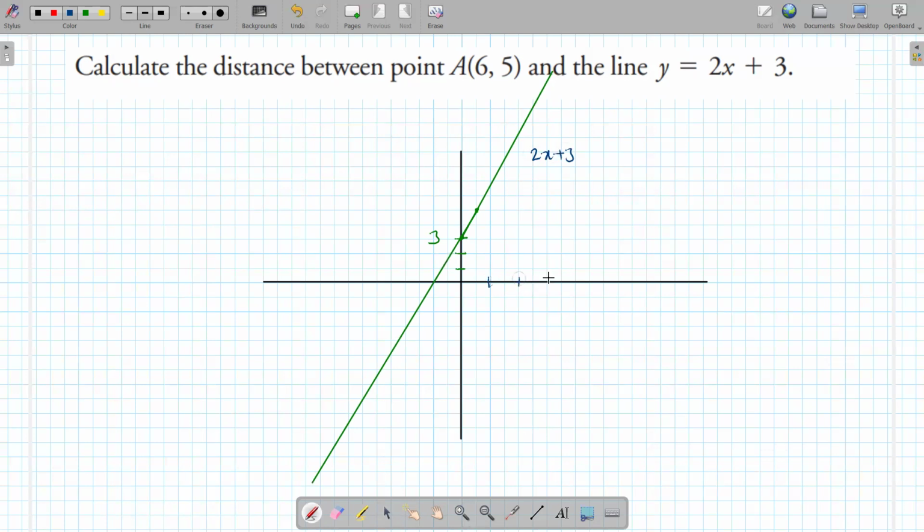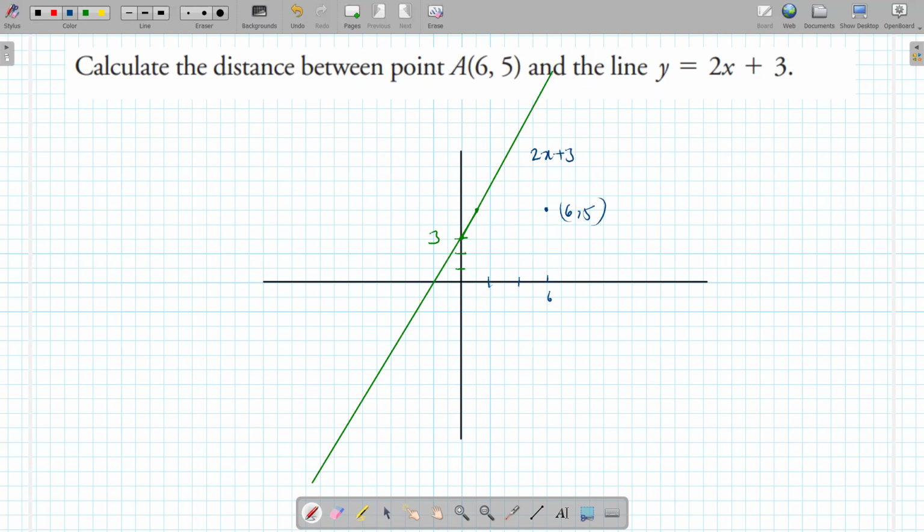So 2, 4, 6. 1, 2, 3, 4, 5. Actually, this is way easier. Alrighty. The question is, find the distance between the line and the point.